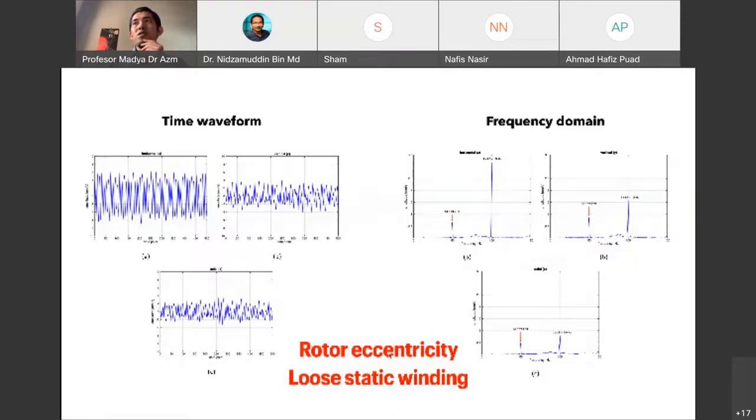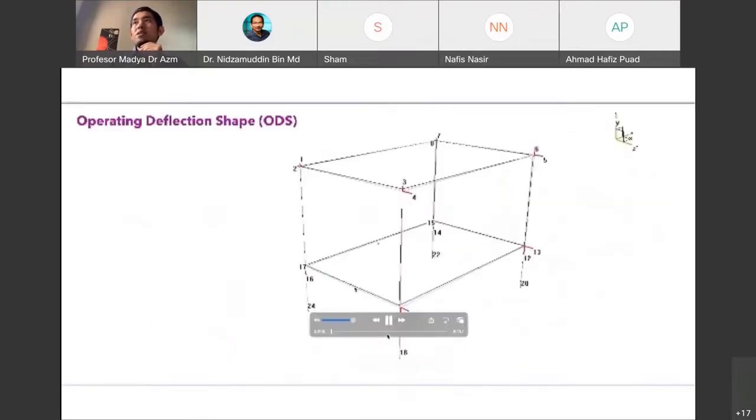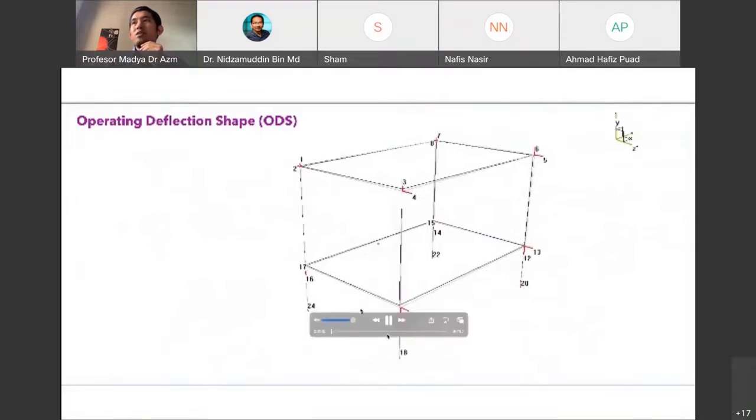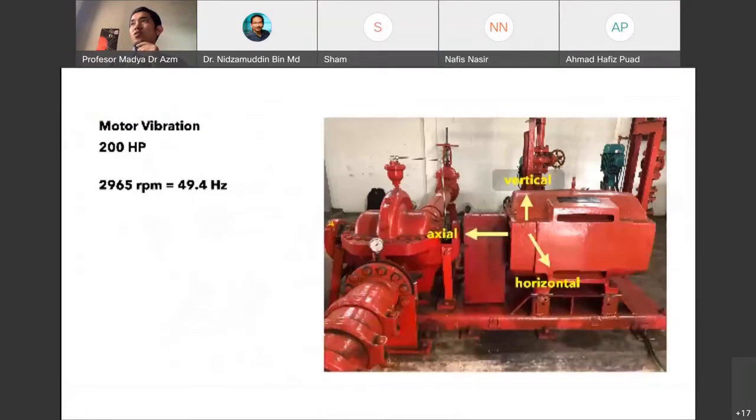But it's not really structural, because when we performed the operating deflection shape, the client wanted to know whether there is looseness on the feet of the motor, whether we have structural looseness. If the screw here is not really tight, it can cause vibrations as well. They just wanted to confirm whether that is the problem.